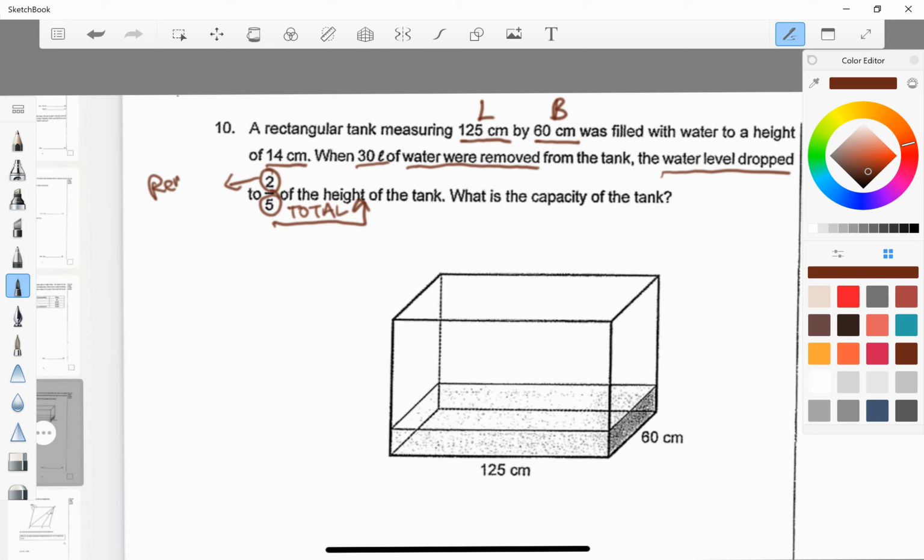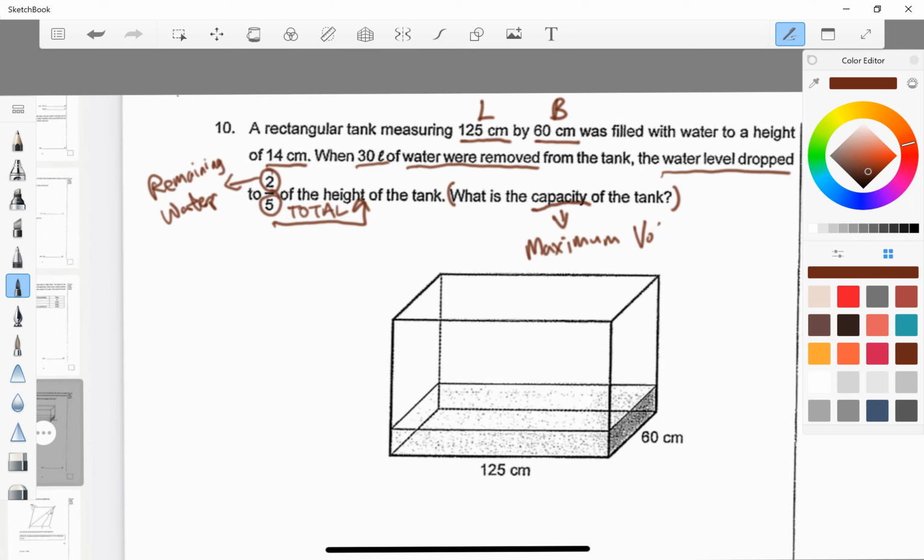This is the remaining water. The question is asking us for the capacity of the tank. Do you know what the capacity is? Capacity actually refers to the maximum volume.